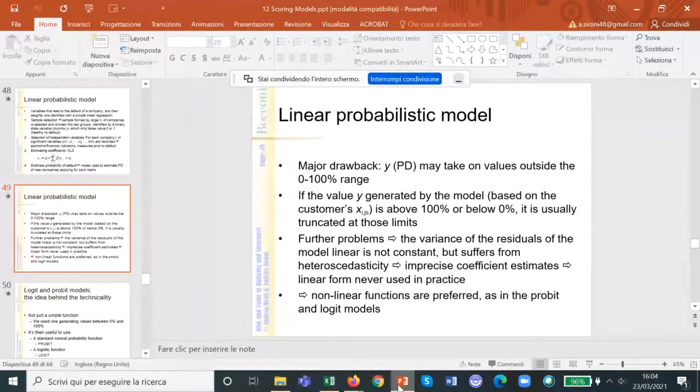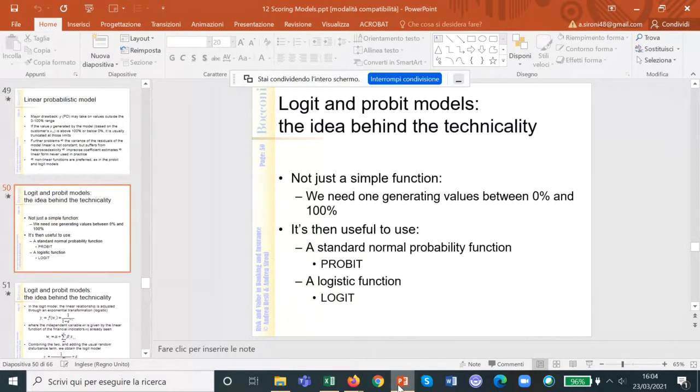The variance of the residuals of the linear model is not constant, but suffers from heteroscedasticity. And therefore the estimate of the coefficients is imprecise. So typically, rather than the simple linear probabilistic model, other models are chosen out there. The most common ones are the probit and logit models.